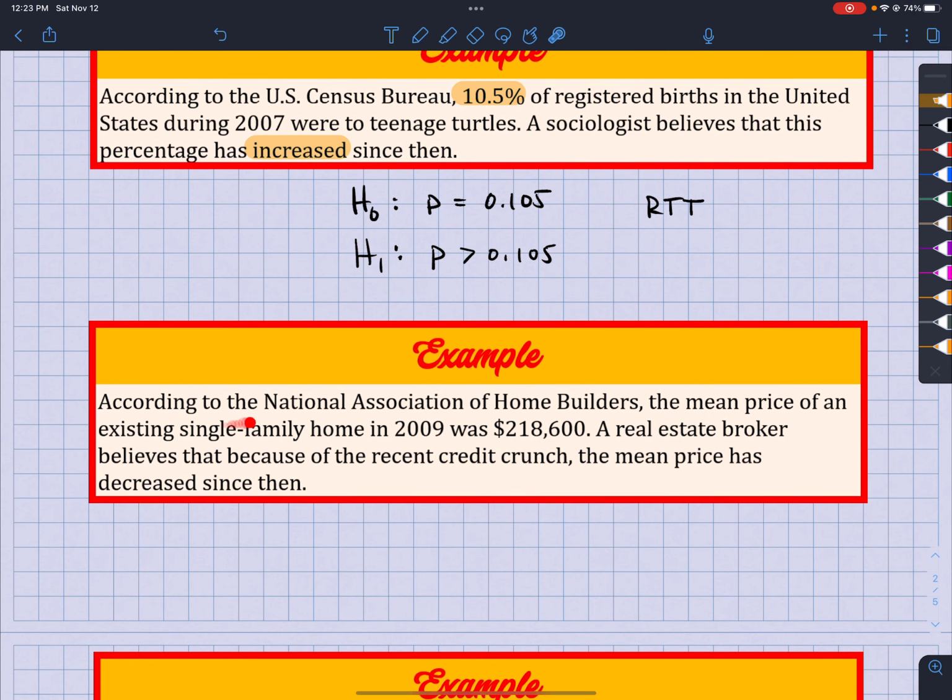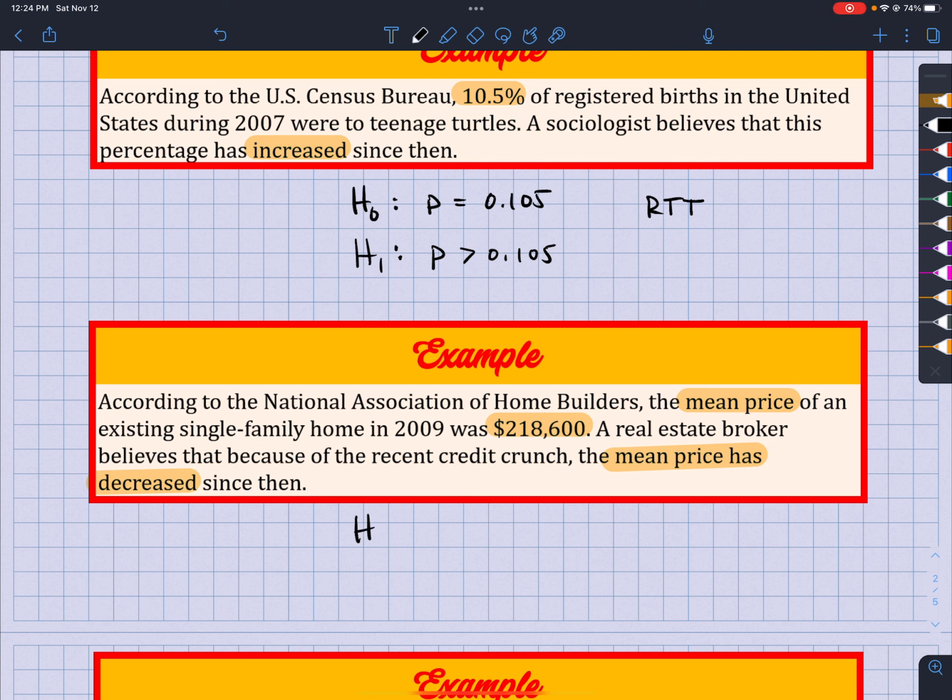Okay, let's take a look at the next one. According to the National Association of Home Builders, the mean price of an existing single-family home in 2009 was this amount. A real estate broker believes that because of the recent credit crunch, the mean price has decreased. So again, now we're talking about mean price.